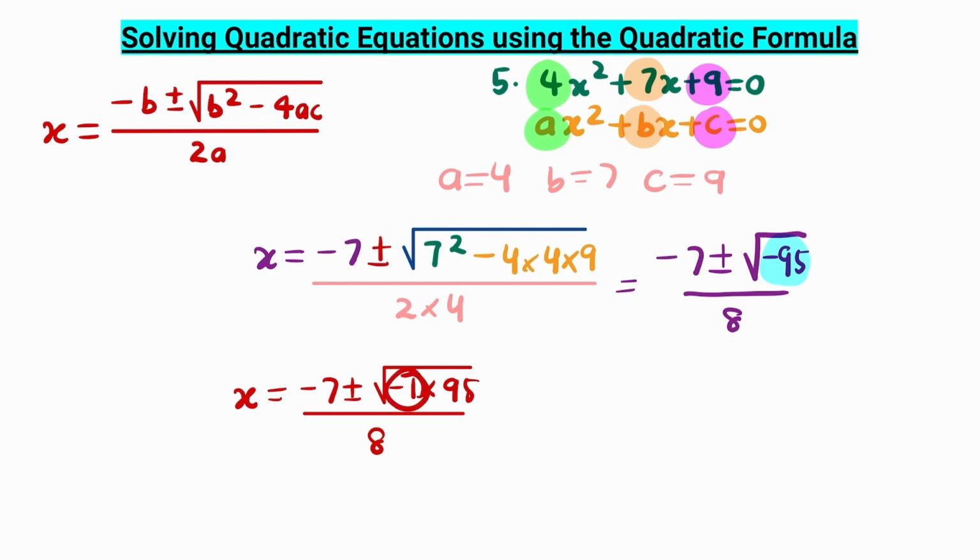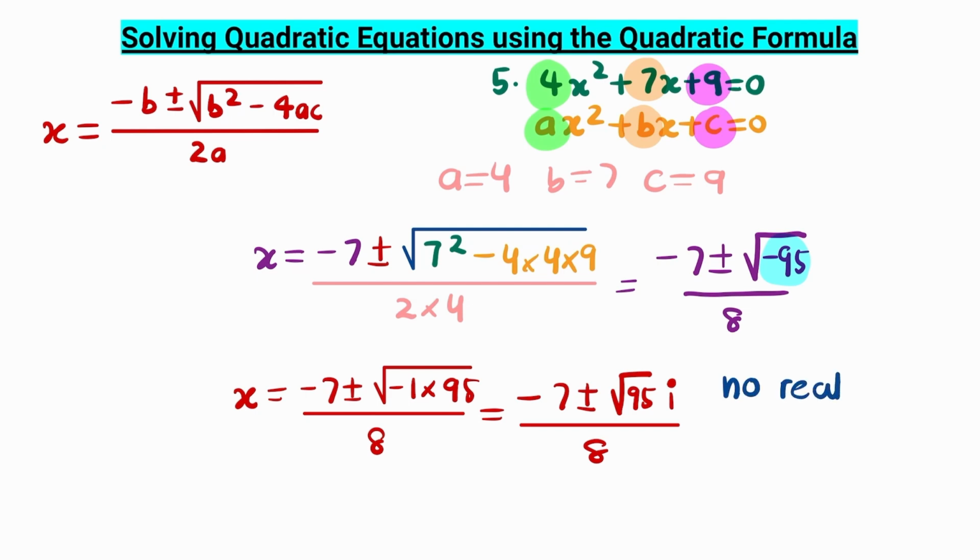The square root of minus 1 is i, which is an imaginary number, so x equals minus 7 plus or minus what is remaining in the square root of 95, and then outside the square root it will be i, over 8. Now here what we get is a complex number or an imaginary solution. So we can tell that this equation has no real roots because it has no real solutions.